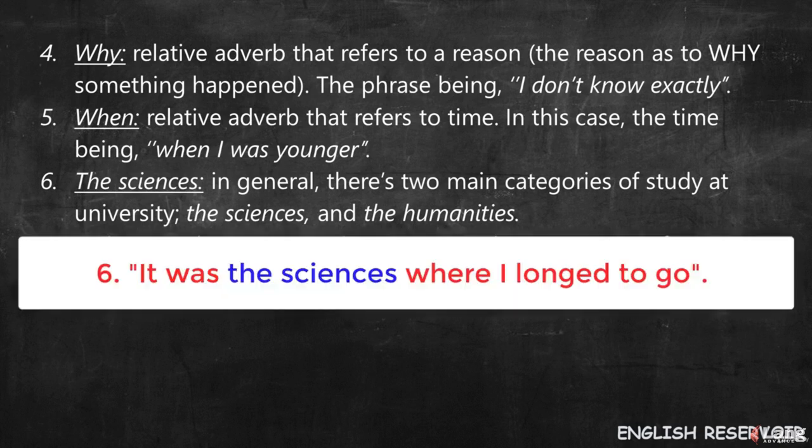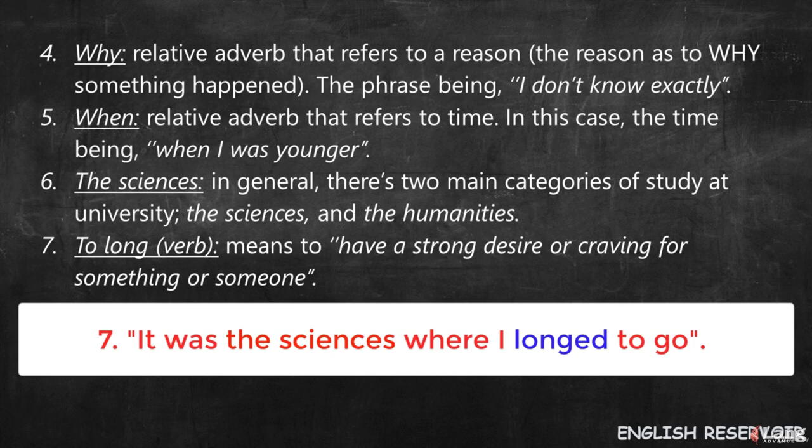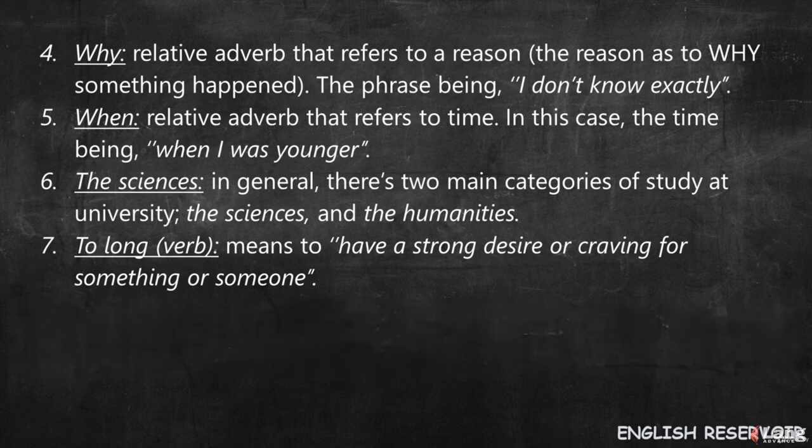The sciences. In general, there's 2 main categories of study at university: the sciences and the humanities. 7. To long. Verb. Means to have a strong desire or craving for something or someone.